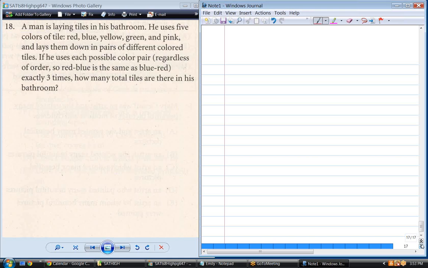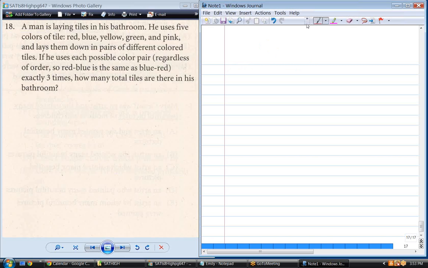So he uses 5 different tiles, and he uses them in possible color pairs. So is that this? I don't know. Red, blue, yellow, green, pink.